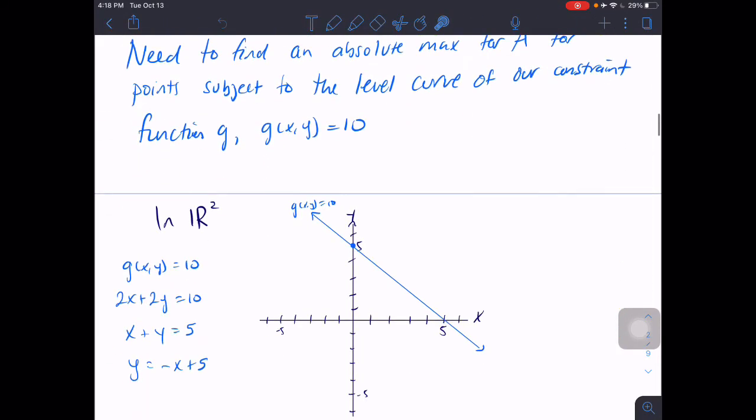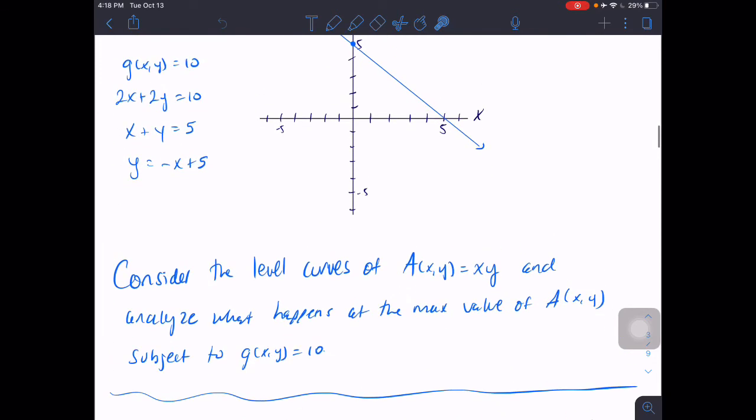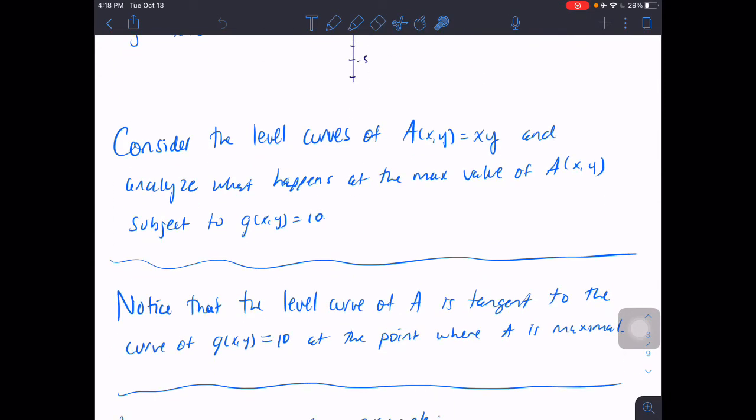Remember, that was the goal, and we considered the level curves of my area function, and analyzed that at the max value, subject to the constraint curve, the level curve of A is tangent to the curve of my constraint function at the point where A is maximal.